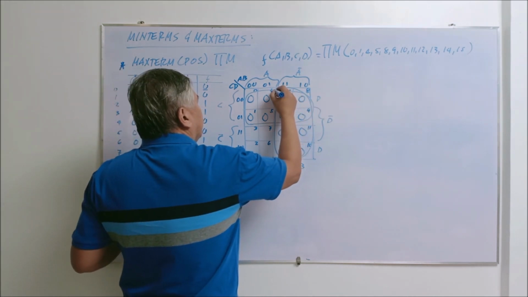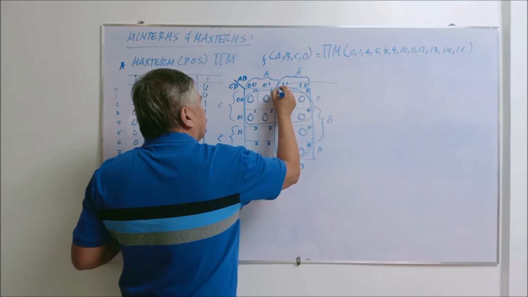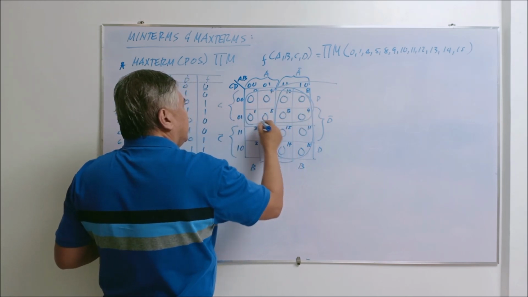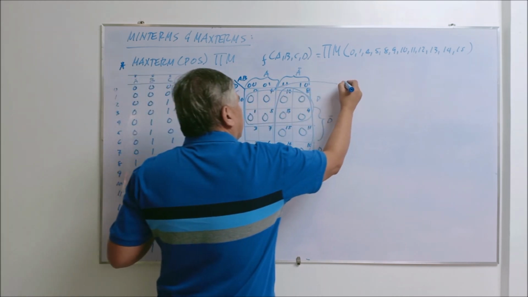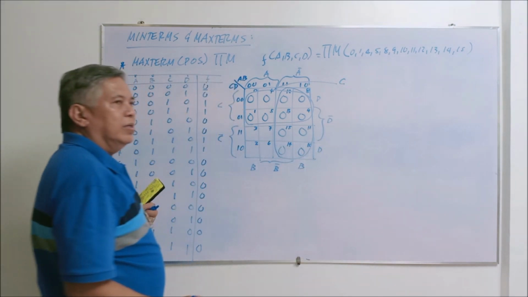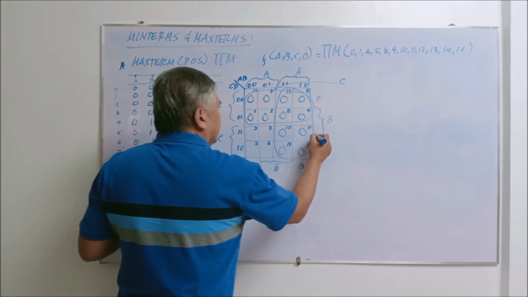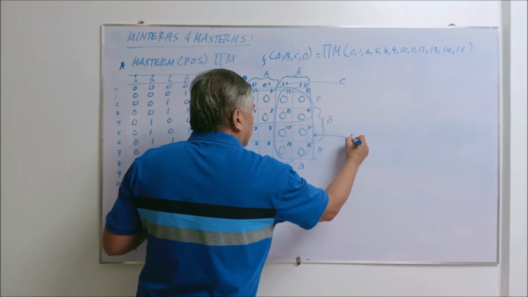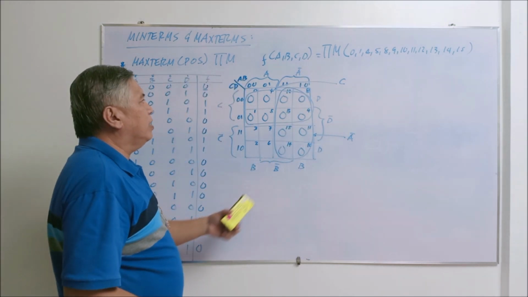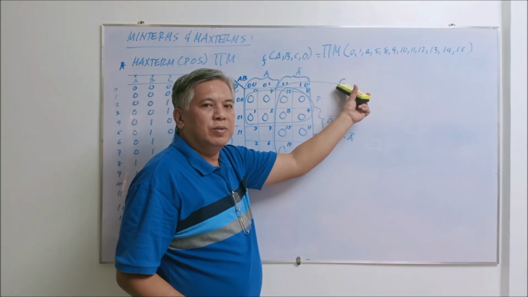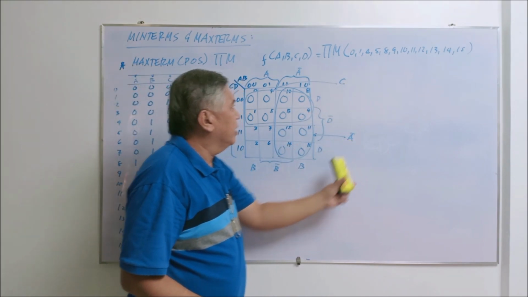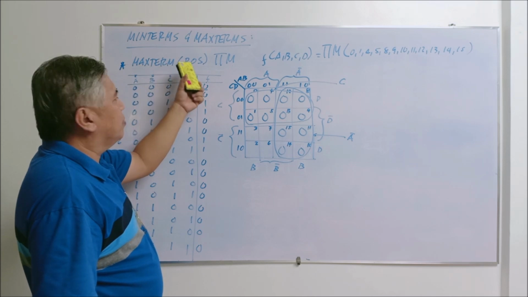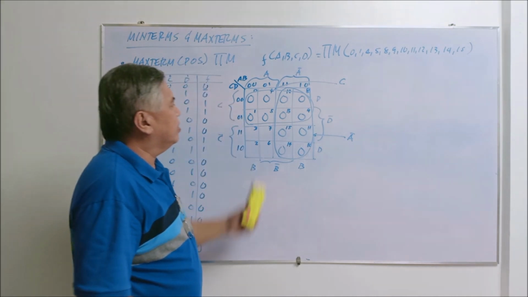So what will be our equation? So this one here, this 8 adjacent cells, this one is under C. Okay? And this one here is under A bar. So this one here is a sum term. And this is another sum term. And since we are using product of sum, means what?